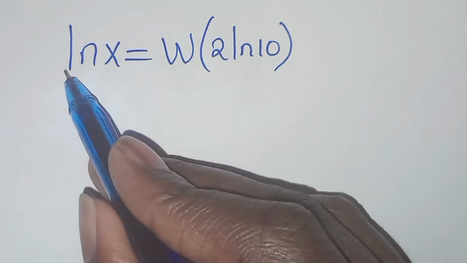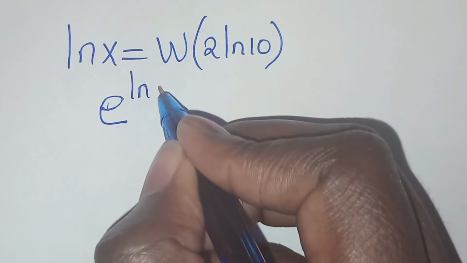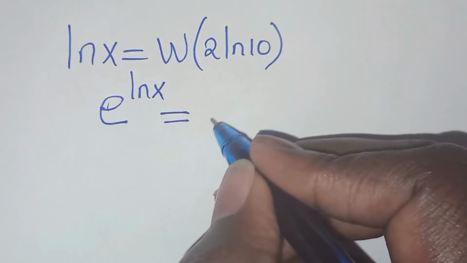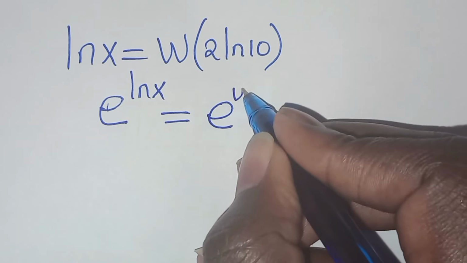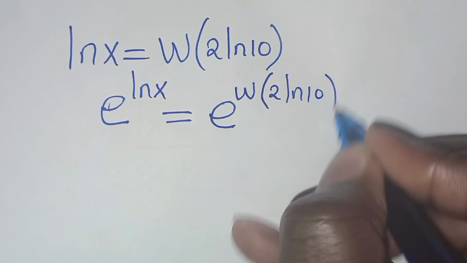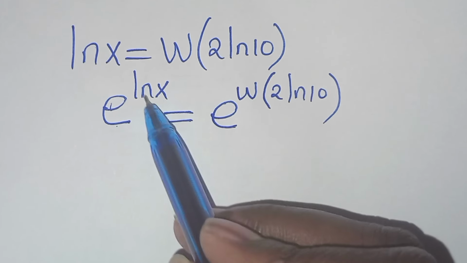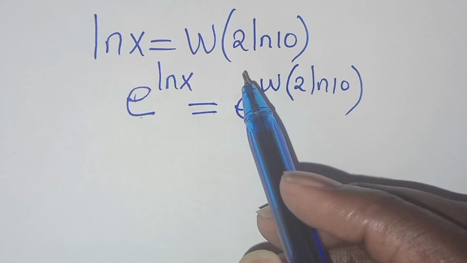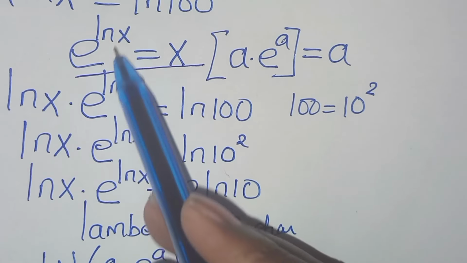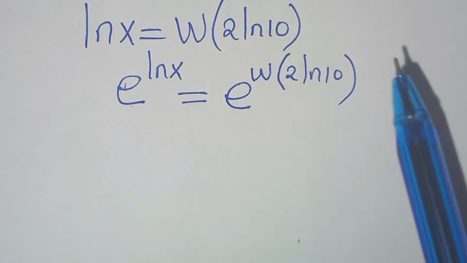On both sides, we introduce this exponent so that we have e to the power of W function of 2 natural log of 10. Now, we find that exponent e raised to the power of natural log of x is the same thing as x. So we can substitute exponent e to the power of ln of x with x.